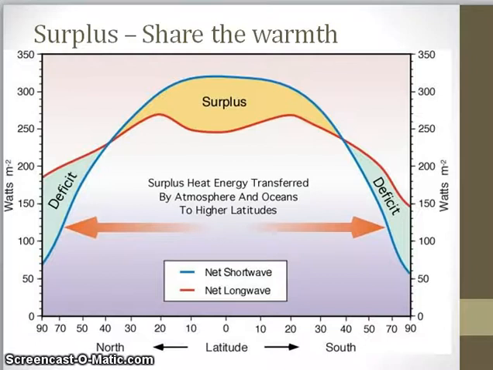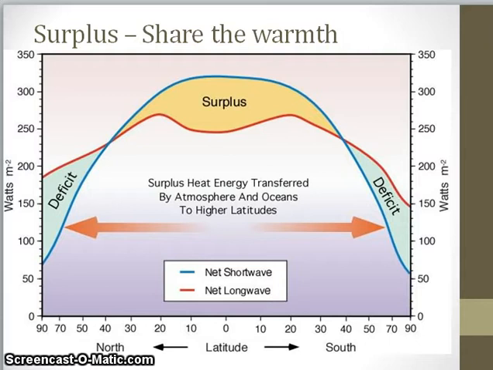So overall, when you look at incoming solar radiation, and remember we're thinking about the image of how the sun moves latitudinally, 23.5 north and south is the extent of the subsolar point on the Earth, and so we have a surplus of heat here between 23.5 north and 23.5 south.